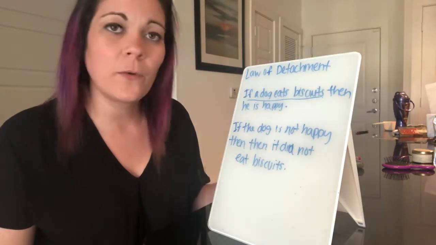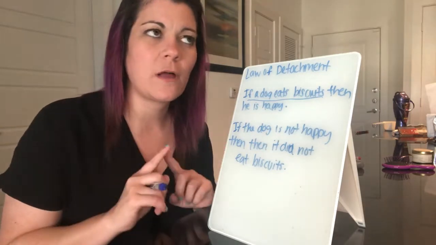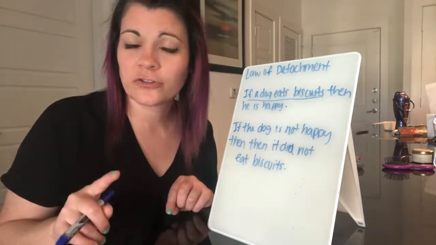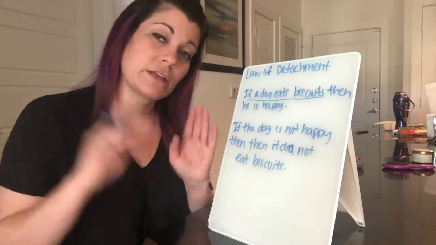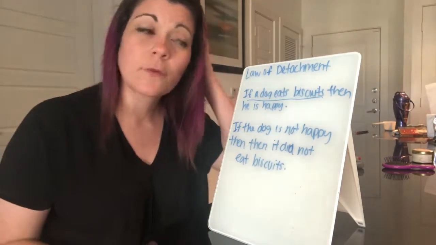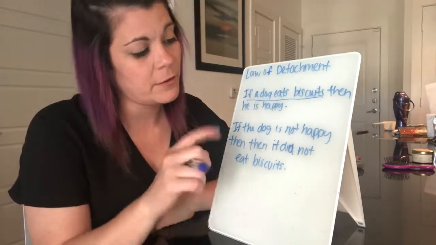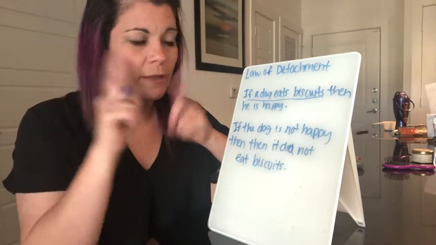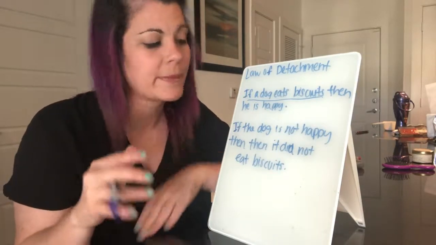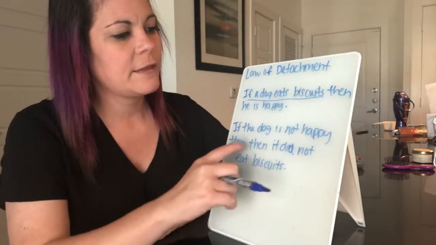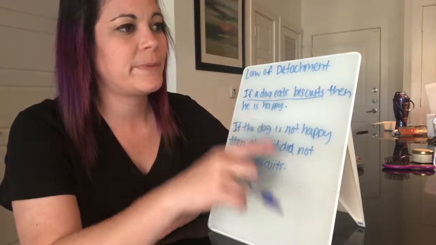Now we do know that we learned in the law of contrapositive that if the conditional statement is true, the contrapositive is also true. If the conditional statement is false, the contrapositive is also false. So saying that this is true, then we know the contrapositive is also true. And the contrapositive, remember, we switch the order and we take the opposite of it. So the contrapositive is: if the dog is not happy, then it did not eat biscuits.